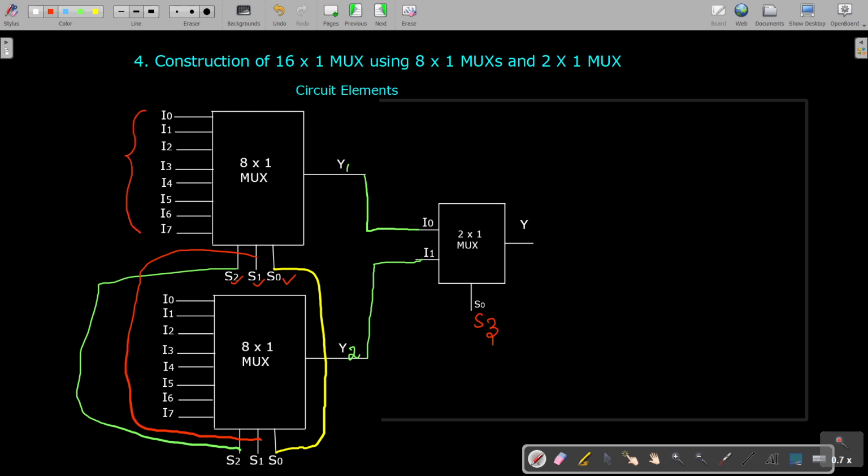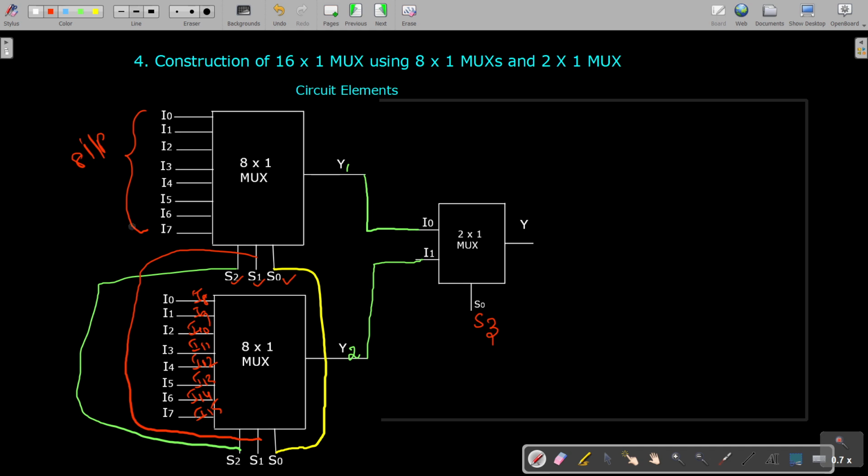And here we have only 8 inputs. Similarly, here also we have the 8 inputs, but these 8 inputs will be performing as I8, I9, I10, I11, I12, I13, I14, and I15 of that 16 by 1 MUX.